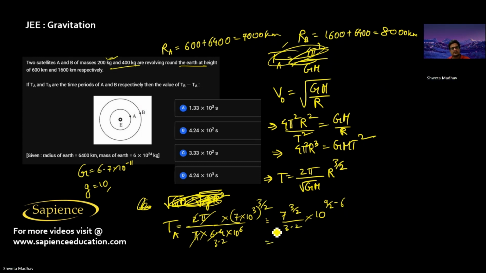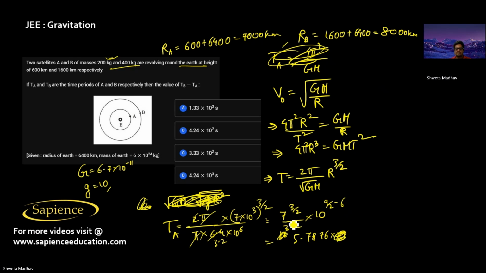This will be 7 into root 7 divided by 3.2, which is 5.7876 into 10 power, 9 minus 6, that is 10 power 3. 10 power 6 actually is because it is in kilometer. So this much seconds it will come. So it is approximately 5.8 into 10 power 3 seconds.